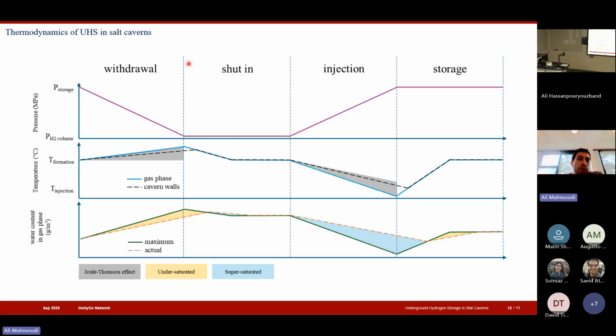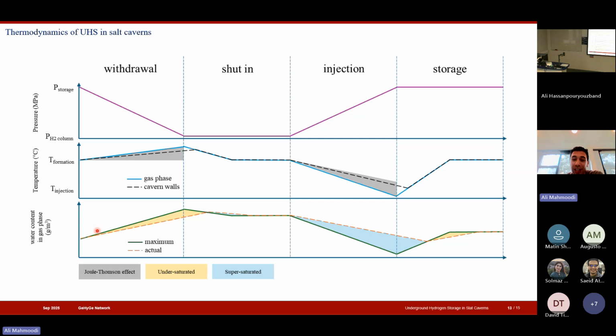This is where we did a quick analysis of when, during withdrawal, shut-in, injection, or storage, this condensation can happen. So we looked at changes in pressure, temperature, and humidity in the gas phase.